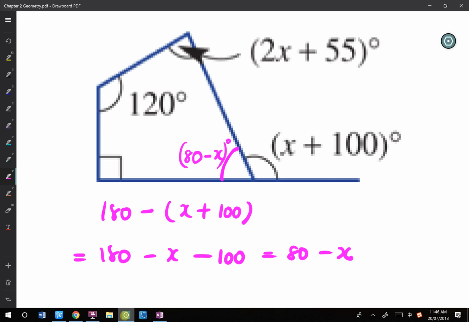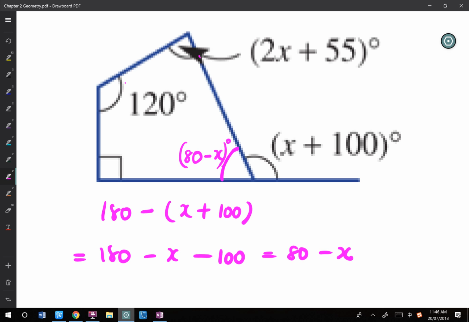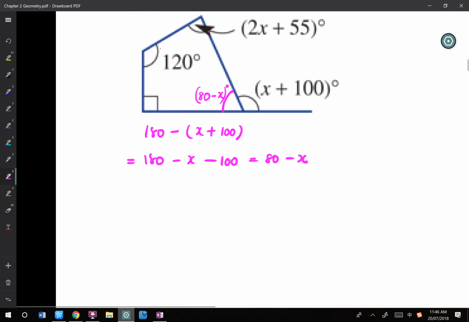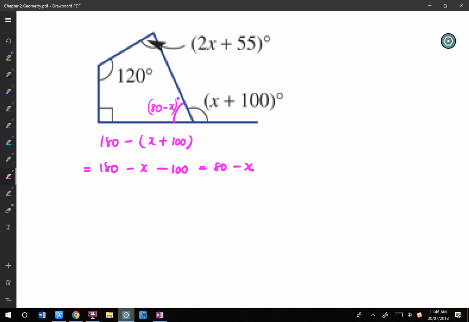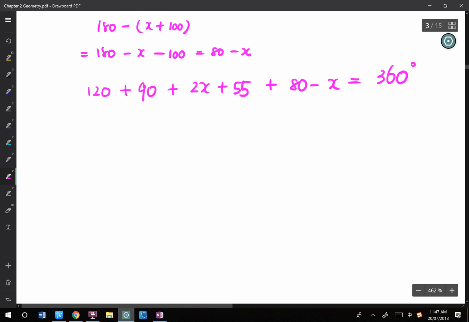Now we have all the 4 angles: 1, 2, 3, 4. What's the interior angle sum for a quadrilateral? 360 degrees. Good. It's the same as a rectangle: the 4 angles add up to 360. So I will have 120 plus 90 plus 2x plus 55 plus 80 minus x equals 360 degrees. Angle 1, angle 2, angle 3, and angle 4 add up together to give 360 degrees.